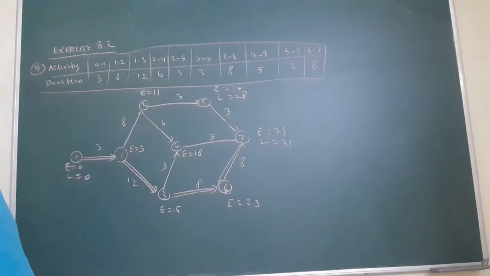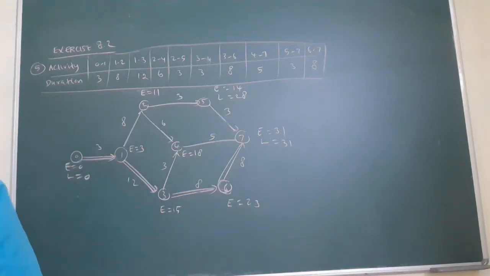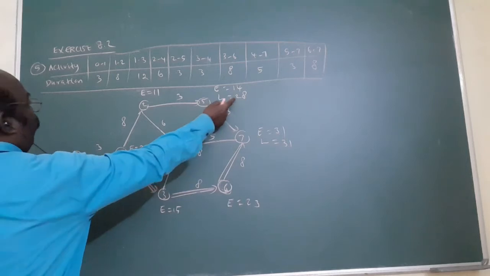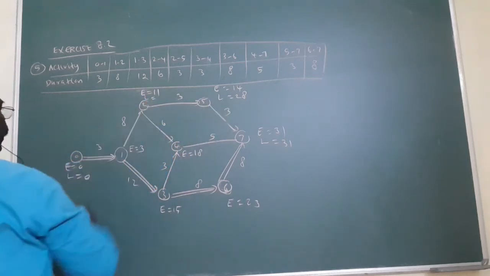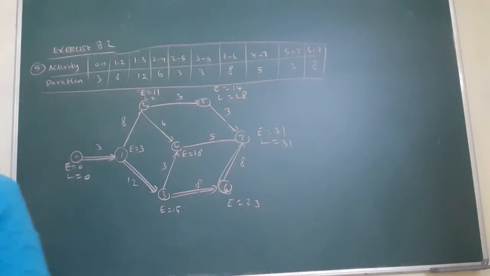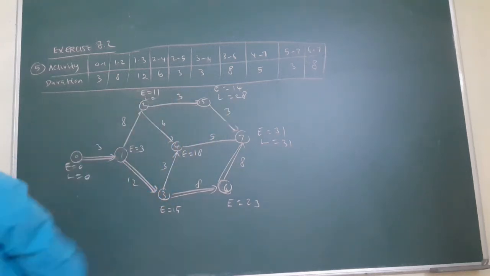Next here, 28, no? Next here, 28 minus 3 is 25. Here L is 25. But if you have one more route, that's very important. One more route is here. 28 minus 3, only 25.